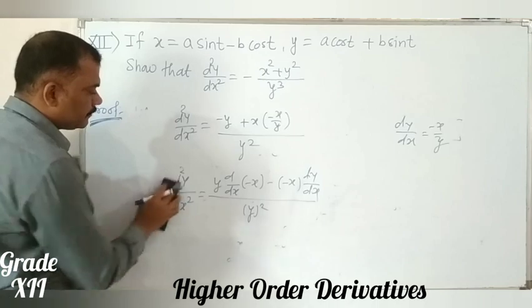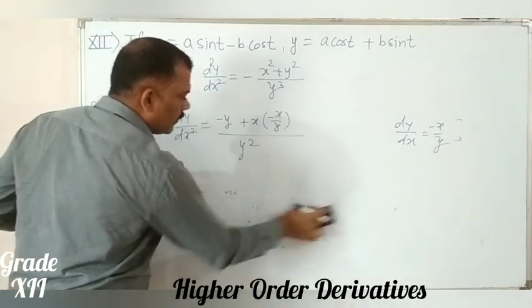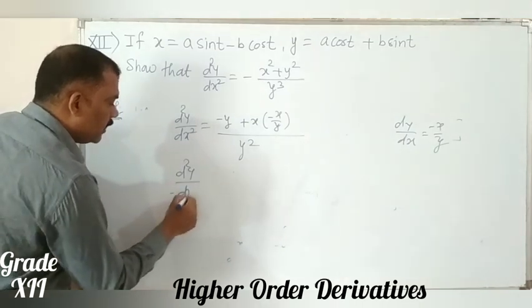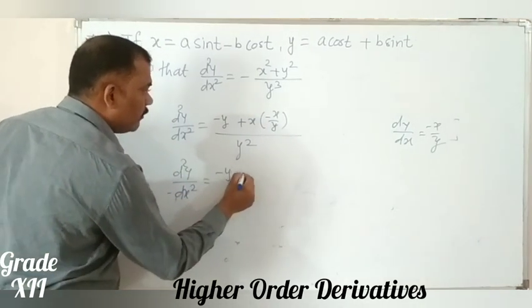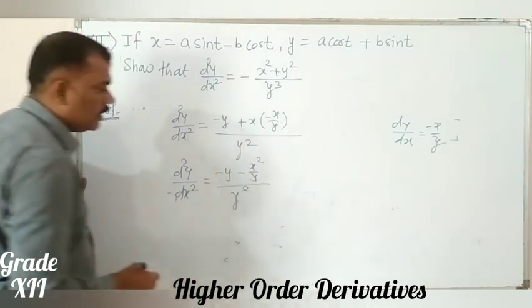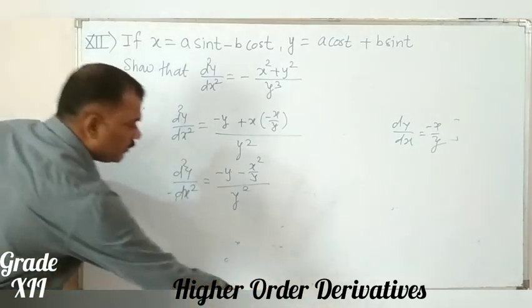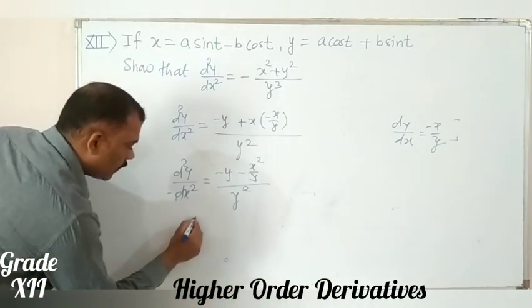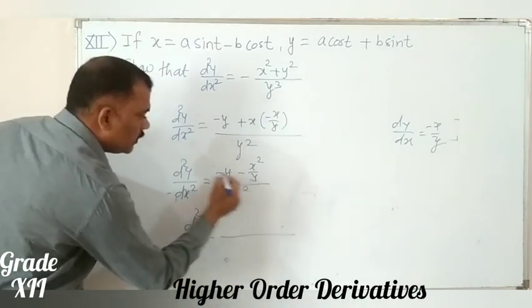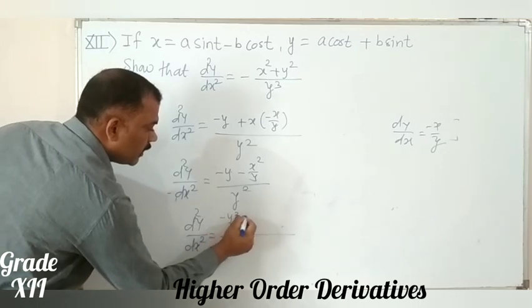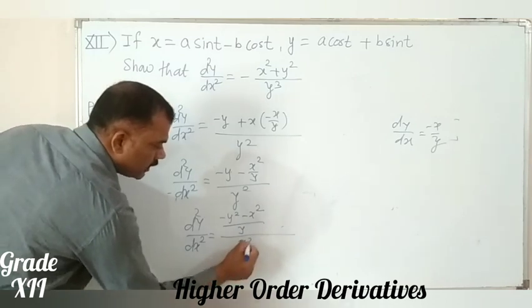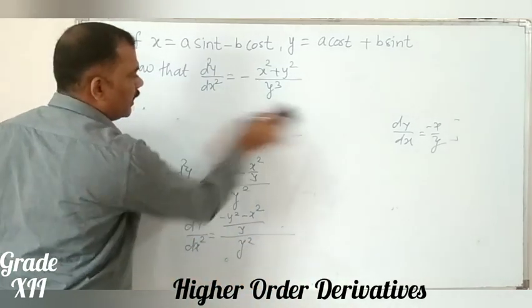So what we get is d2y by dx square is equal to minus y minus x square divided by y, divided by y square. Here we have to equalize the denominator, so we can write d2y by dx square is equal to minus y square minus x square divided by y, and this denominator y square as it is.